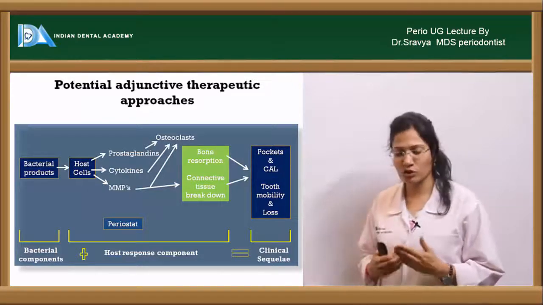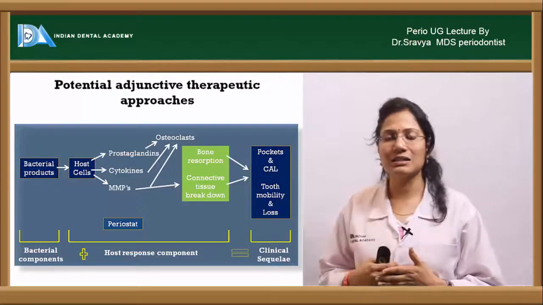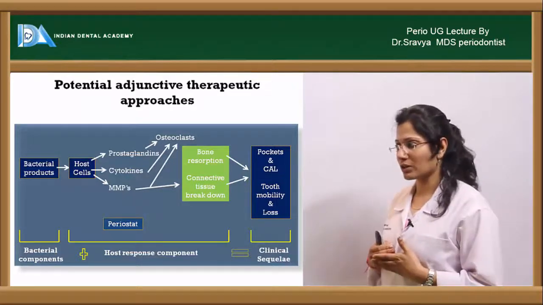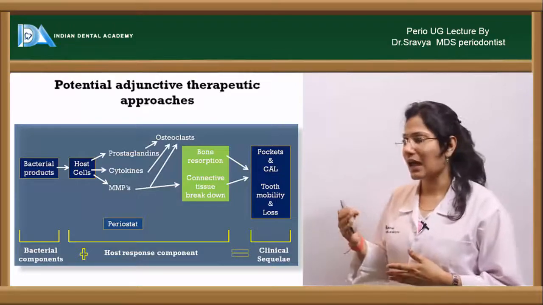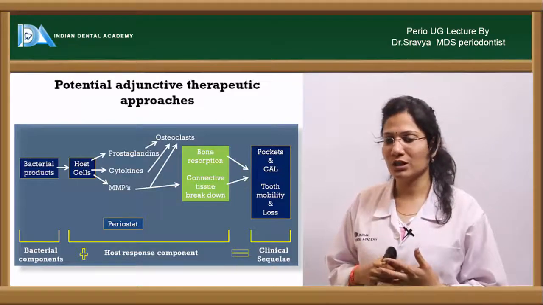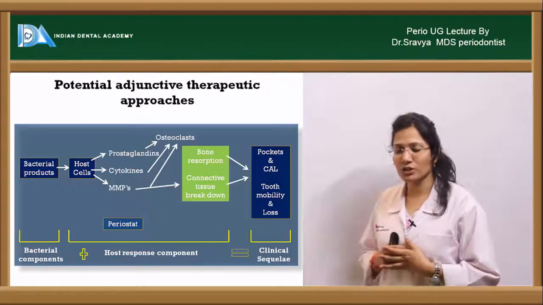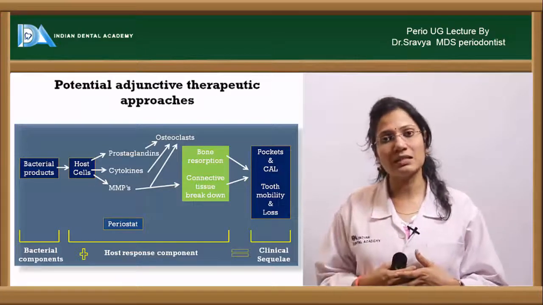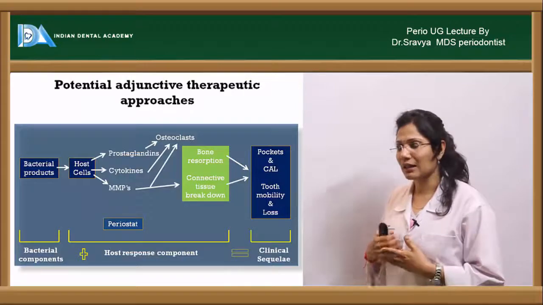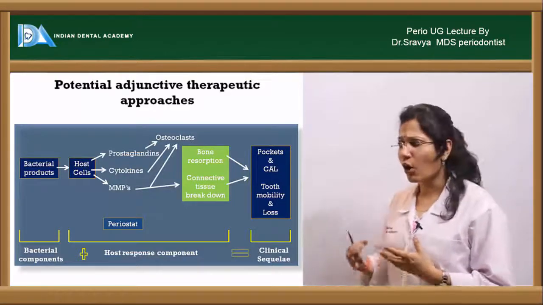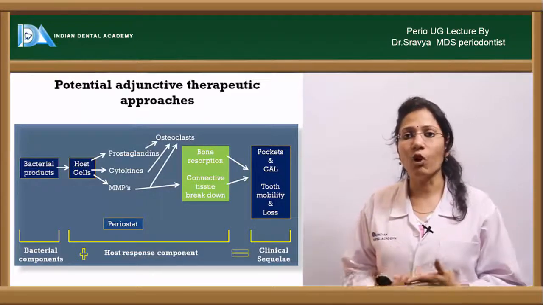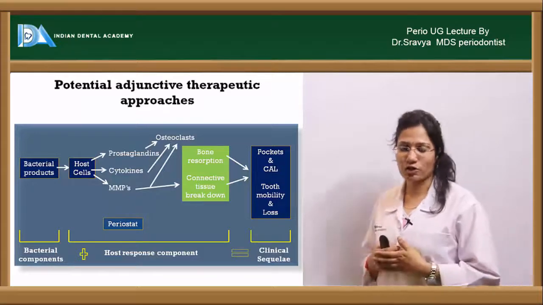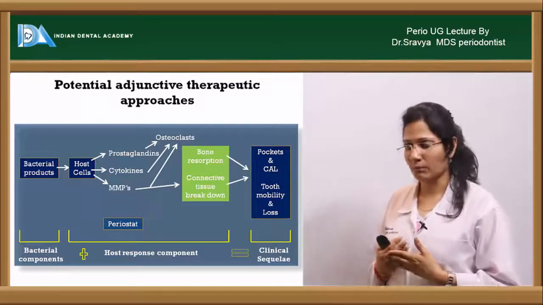As part of inflammation, it releases certain mediators, which include your prostaglandins, your cytokines, and your matrix metalloproteinases. These matrix metalloproteinases are your collagenases, stromelysins, matrilysins, and gelatinases.